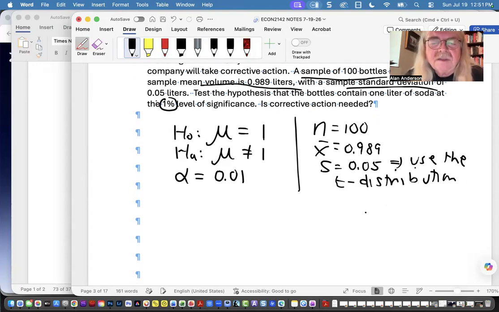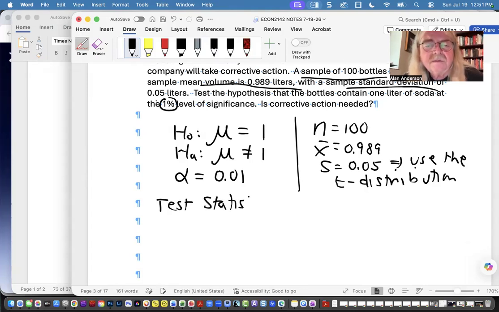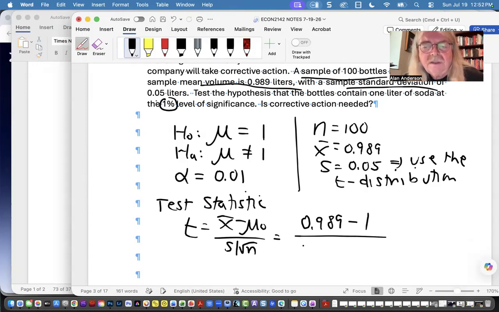All right, so the test statistic. Now, this is very much like the other problem, except that it's a two-tailed test. 0.989 minus 1 over 0.05 over the square root of 100.